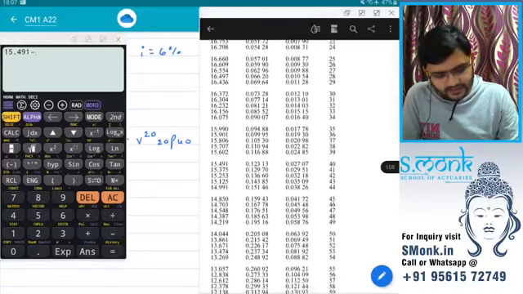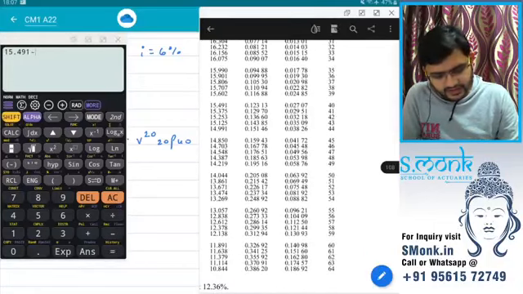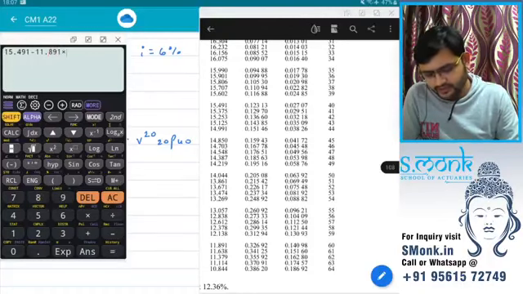First we'll see ADU 60. ADU 60 is 11.891 into V raised to 20, that is 1.06 raised to minus 20, and then 20p40.